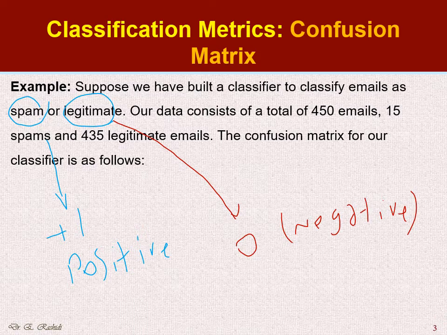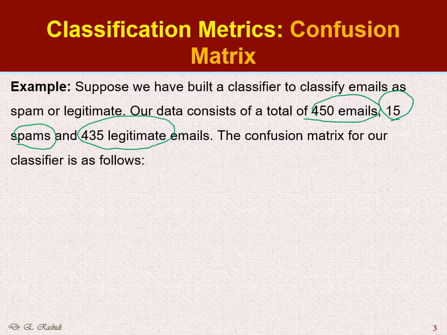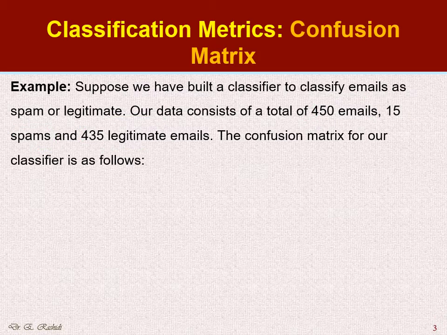So again, spam is positive and legitimate is negative class. Our data set, on the other hand, is biased, it is imbalanced. So that means that we have 450 emails total, only 15 of which are spams or the positive class. 430 of them, a big bulk of them, are the legitimate or the negative class. So the majority of our data is the legitimate or the negative class.